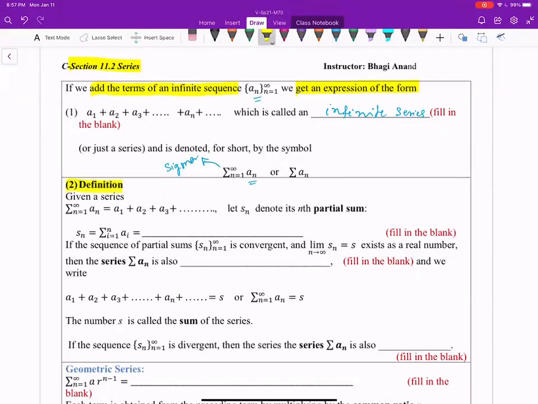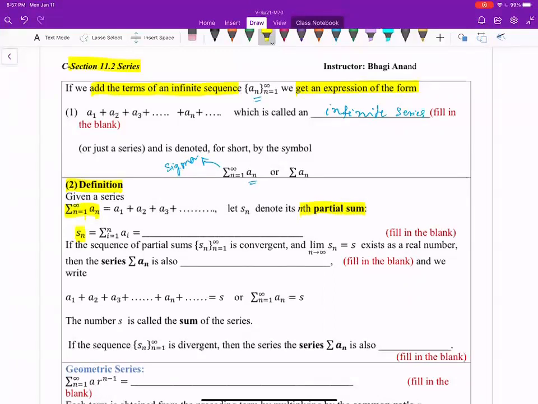Next definition. Given a series sigma n varying from 1 through infinity a sub n, which is a1 plus a2 plus a3, etc., let Sn denote the nth partial sum. Meaning, you take a series and you add only the first n terms of the series.